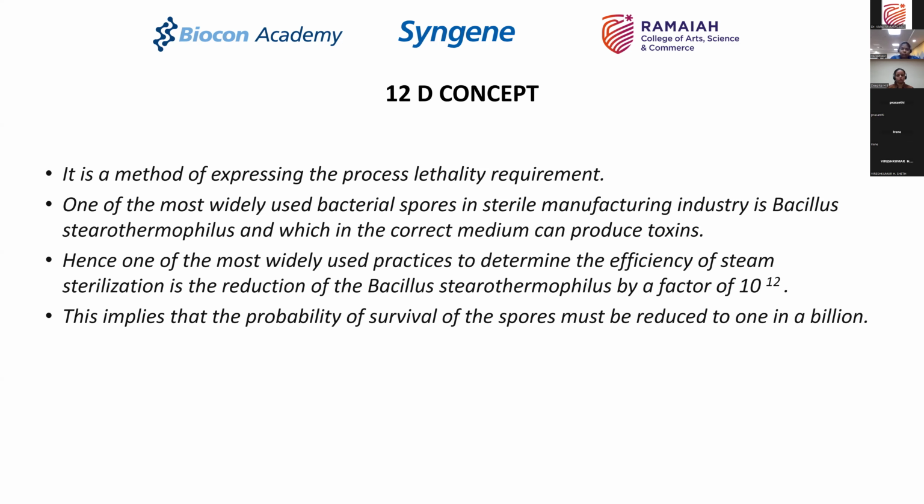Otherwise, if you don't know, if you are playing blind, then yes, a 12D or overkill approach always works. One of the widely used practices for steam sterilization efficiency is that you take Bacillus stearothermophilus and see whether a 10 to the power of 12 reduction has occurred. And then you are sure that your process is working fine. But if you were to profile the bacterial spores, and if you knew this was the bacterial load which I have, you don't need to go for a 10 to the power of 12 approach.